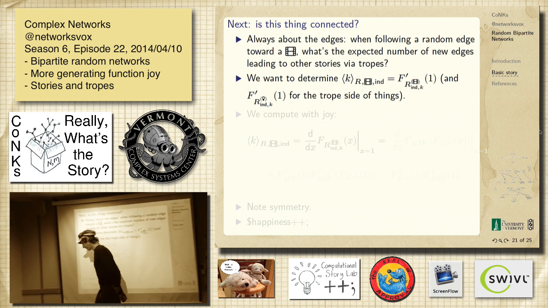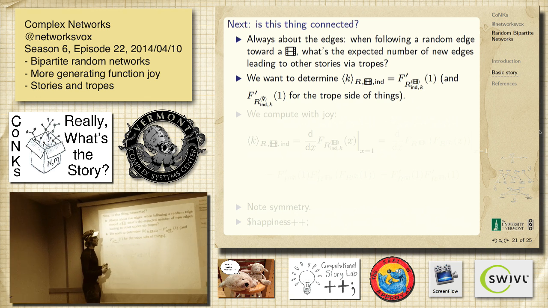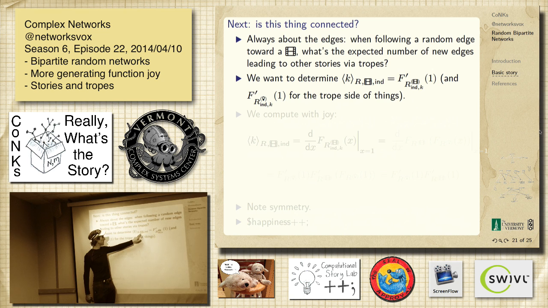Okay. So lots of indices now, right? So before we just had this guy. Now we want this. This just means we're looking at the R distribution for the induced guy for stories. So it's the generating function for the induced network for stories. Take the first derivative.